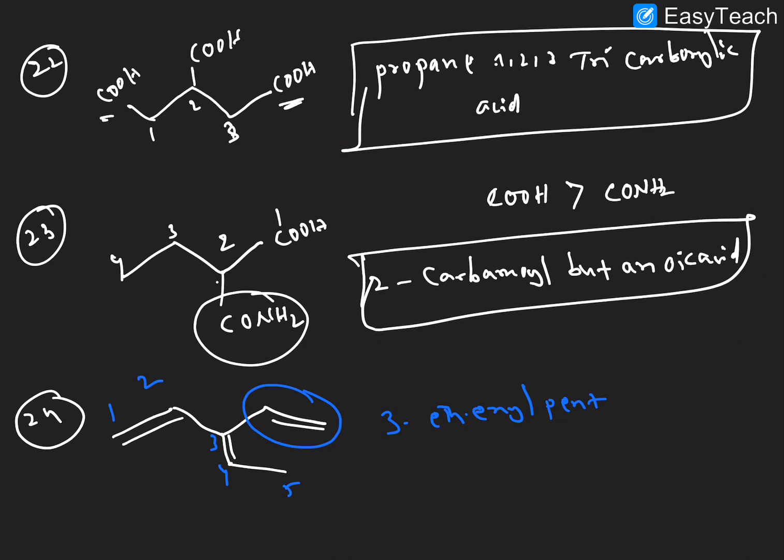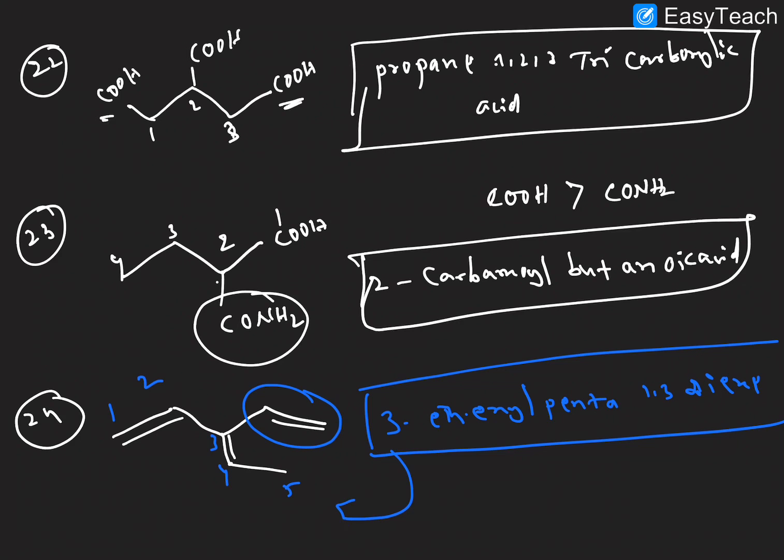How many carbons are there in the chain? 5, that is penta, and 2 double bonds are there, penta-1,3-diene. So this is the name of this compound.